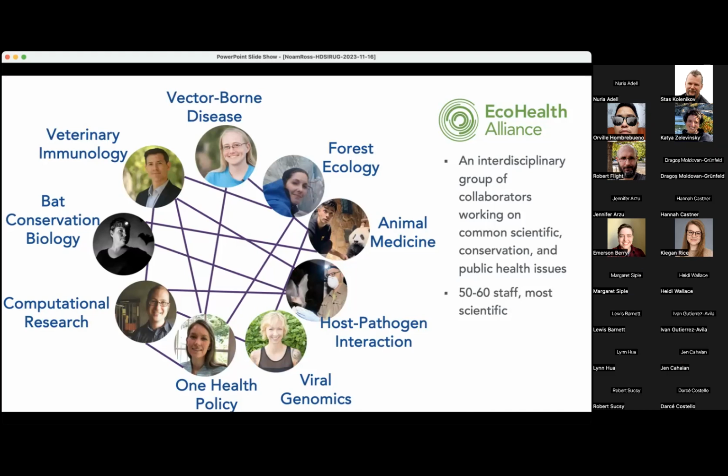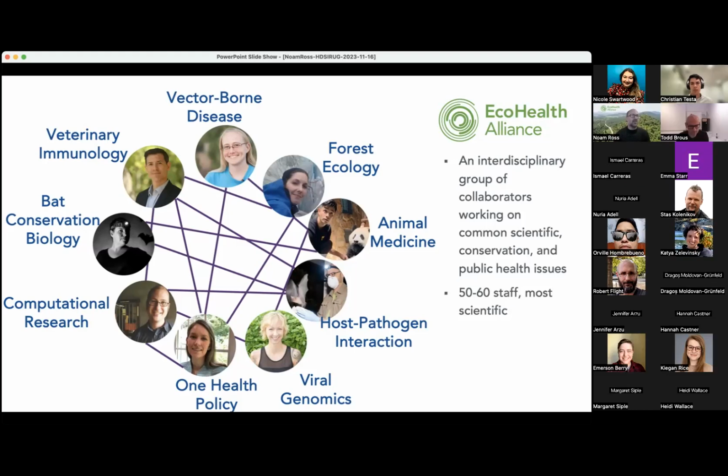So EcoHealth Alliance is kind of like a standalone department in an academic institution, except that rather than being focused on a discipline, we're focused on a specific set of problems related to conservation and human health. So a lot of that is viral evolution, zoonotic viral disease emergence, but also things related to conservation and human health, like forestry and air quality relationships.